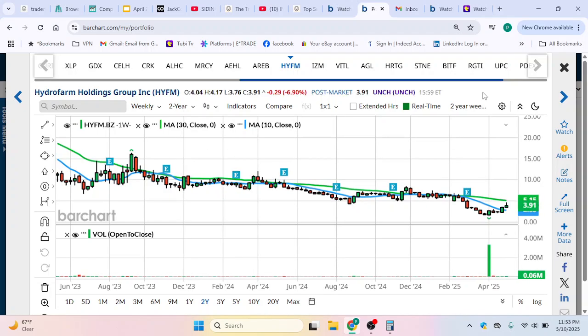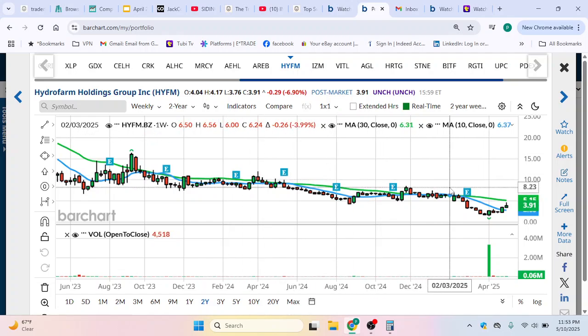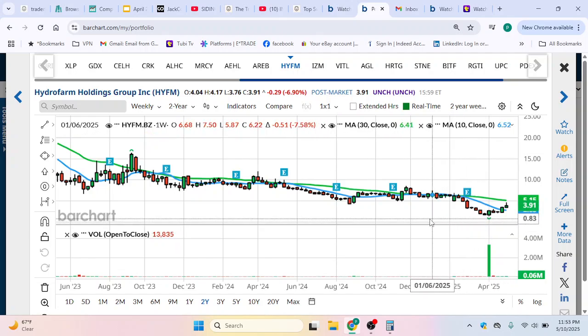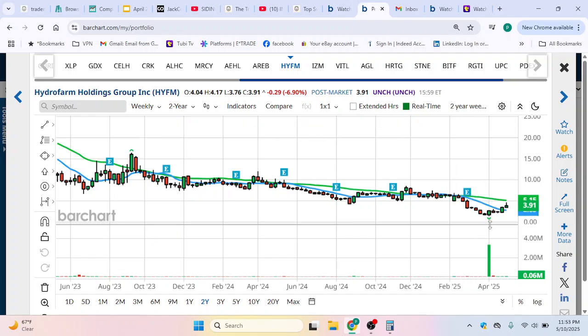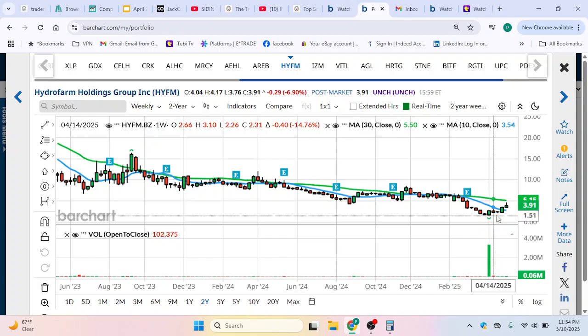Here's one I got involved in recently. Even though this was in this big downtrend, we had this spike in volume. Right? There's almost no volume on the stock until recently. So what does that tell us? That tells us that possibly institutional buyers are starting to look at it, and in the short term this could be a buying opportunity.